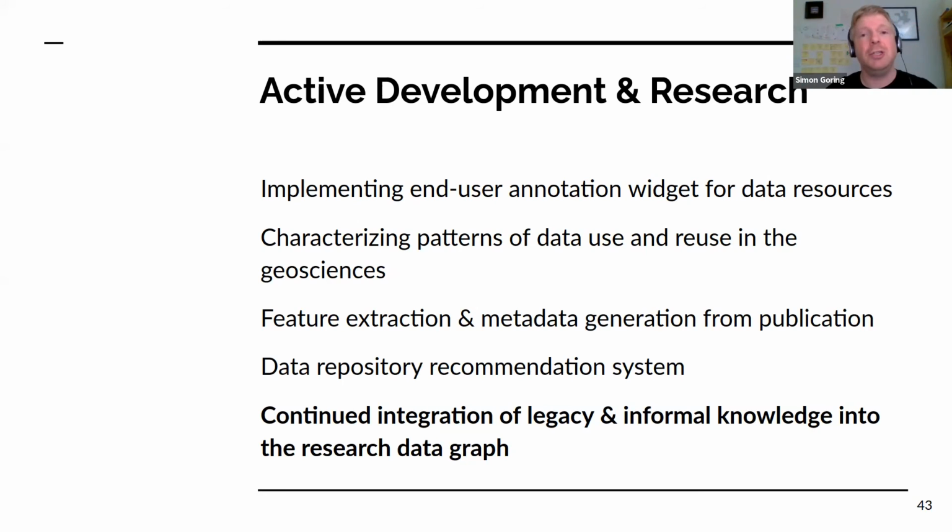But there's this huge body of literature that remains unacquired and unlinked. And so we're using a lot of our full text search tools to start to try to bring these in.